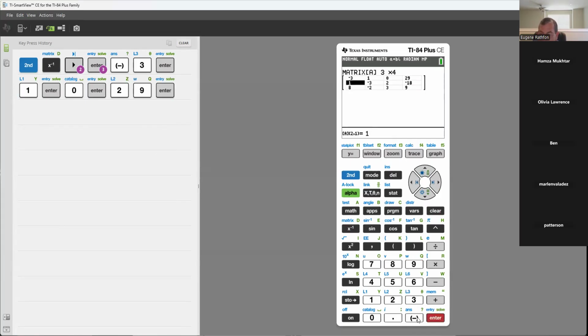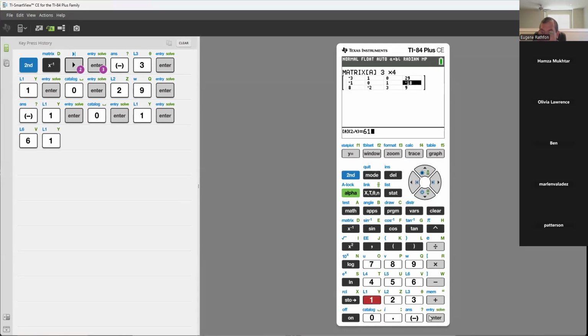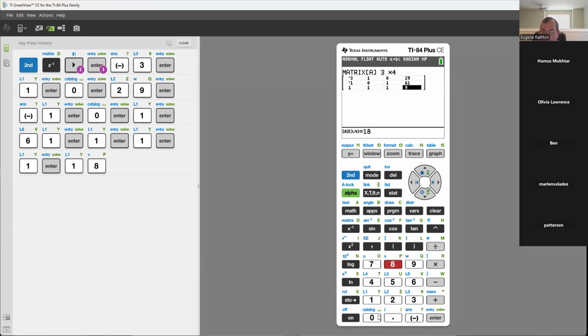My next row had negative 1a, 0b, 1c equals 61. And then I had 1a, 1b, 1c equaled 180. And enter.